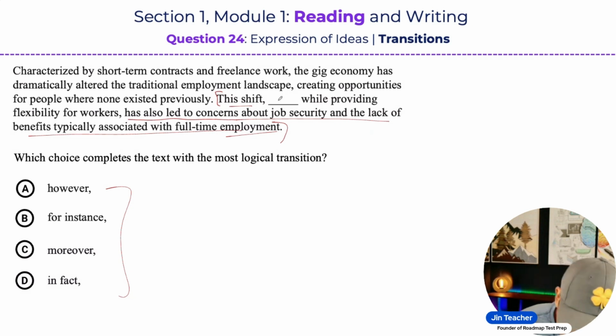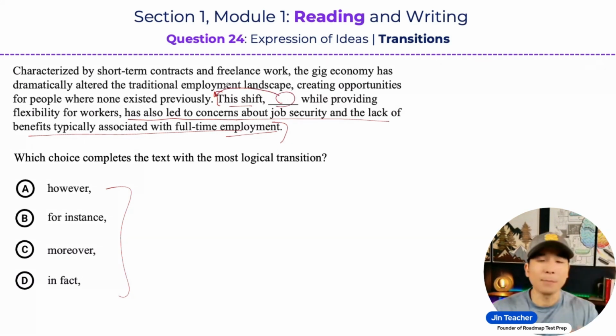So this transition word is flexible in terms of where it can be placed. Normally, when you read a sentence with a transition word in it, you see the transition at the beginning of the sentence. So when you see a transition word in the middle of a sentence, your brain can just place it at the beginning.